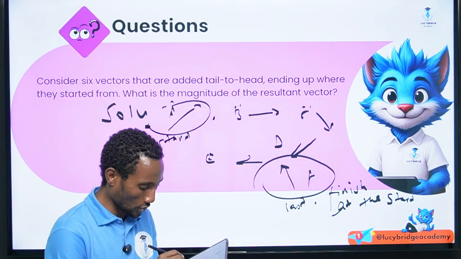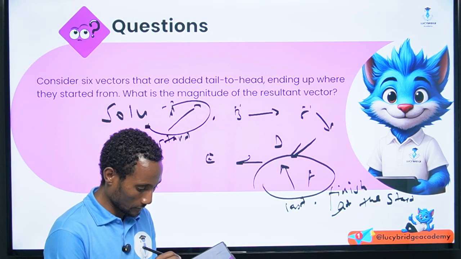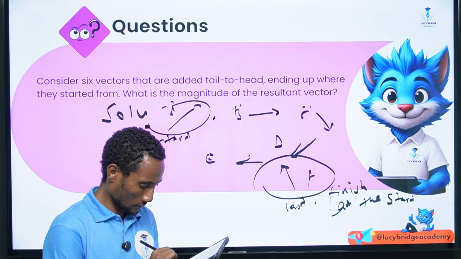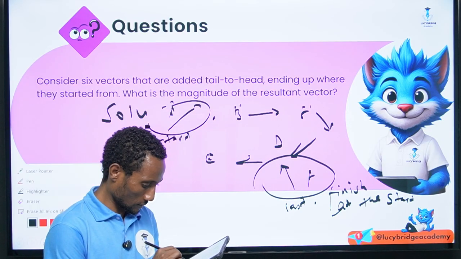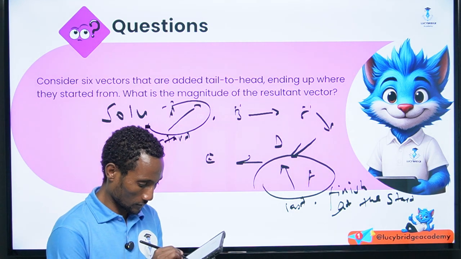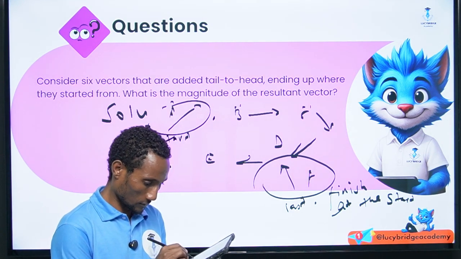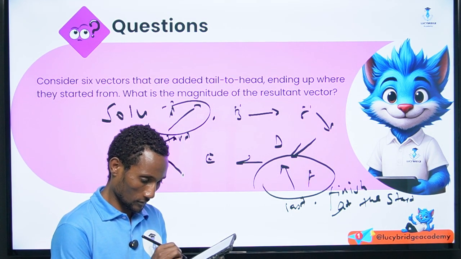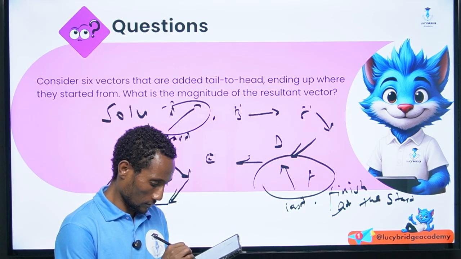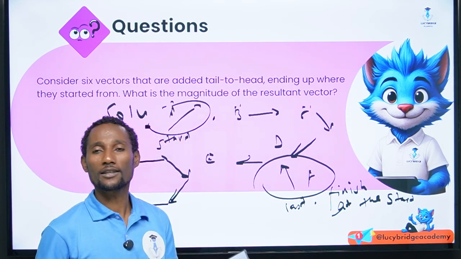So by having this, we join like this. We draw like this.